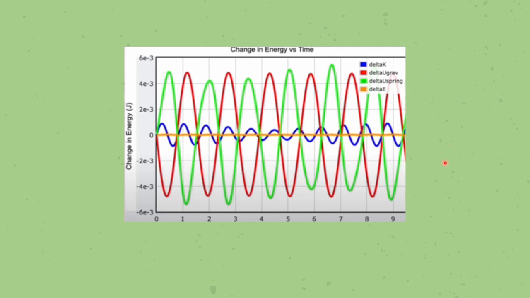And as you'll see, the energy remains constant. Delta E stays right here at 0. And you'll see this is because the spring energy and the gravitational energy kind of counter each other. So though the energy may be changing, the quantity of energy is not changing. Energy is constant in this system, and it does demonstrate the energy principle.